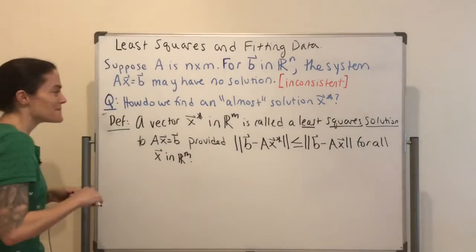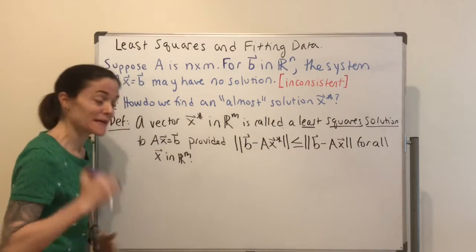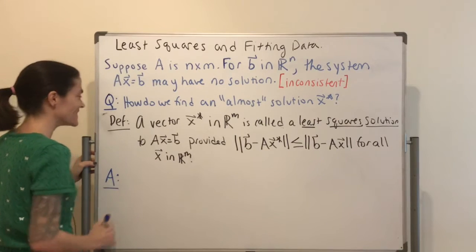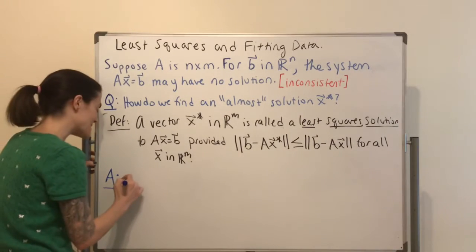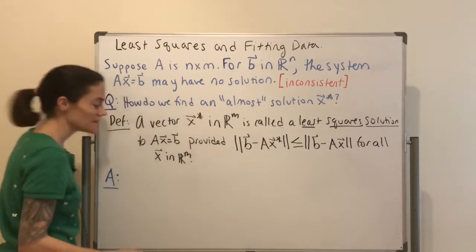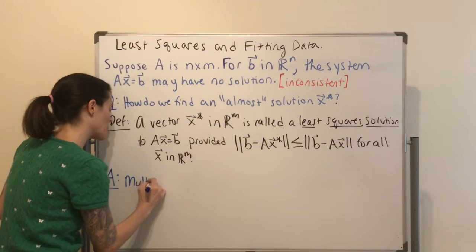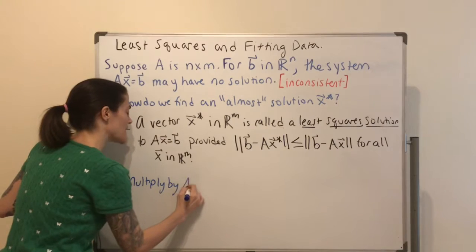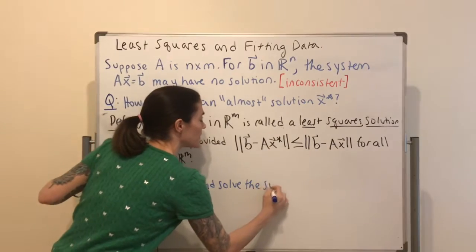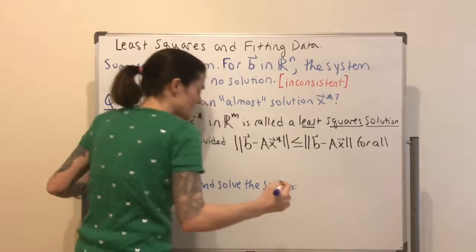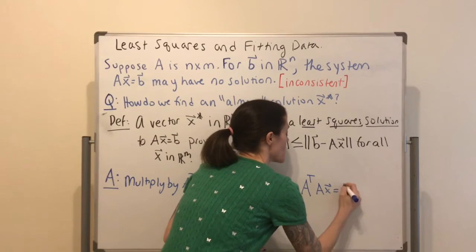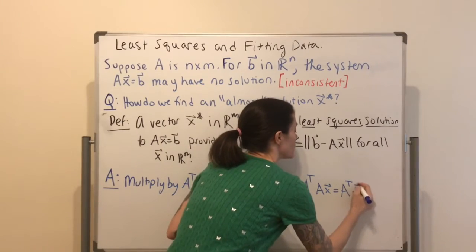Now, as I mentioned, I was going to tell you the answer, even though initially it's not going to make sense as to why this is the answer. Instead of solving Ax = b, because we can't, since it's inconsistent, let's just multiply by A transpose and solve the system A transpose A x = A transpose b.